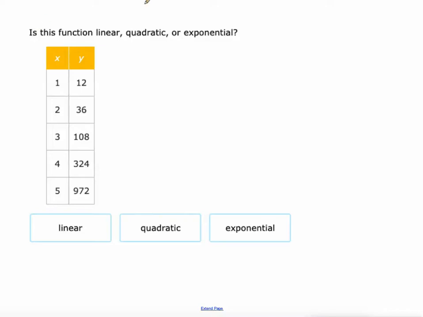All right, here again on the left, we've got this pattern where x is always increasing by 1. Let's see what's happening with y. If we take 36 minus 12, we get 24. If we take 108 minus 36, we don't get 24, do we?